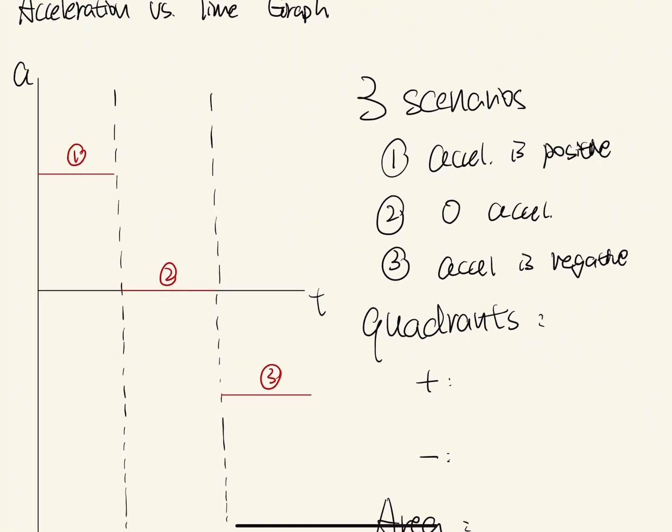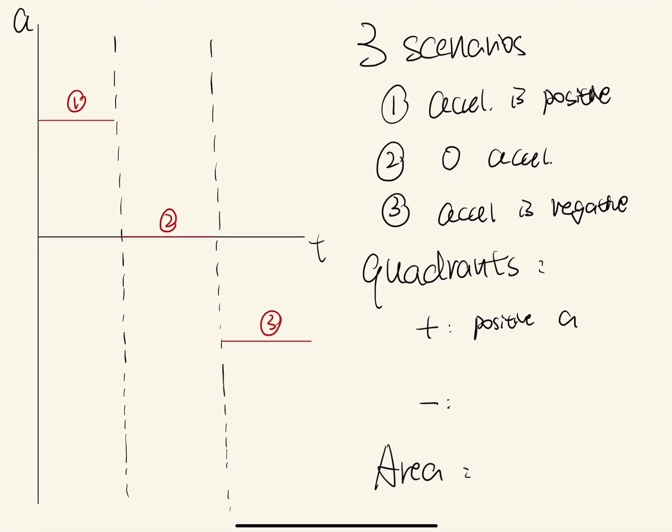So you might already know, if any point is in the positive quadrant, that means the acceleration is positive. And if there's any point in the negative quadrant, then it would mean the acceleration is negative.